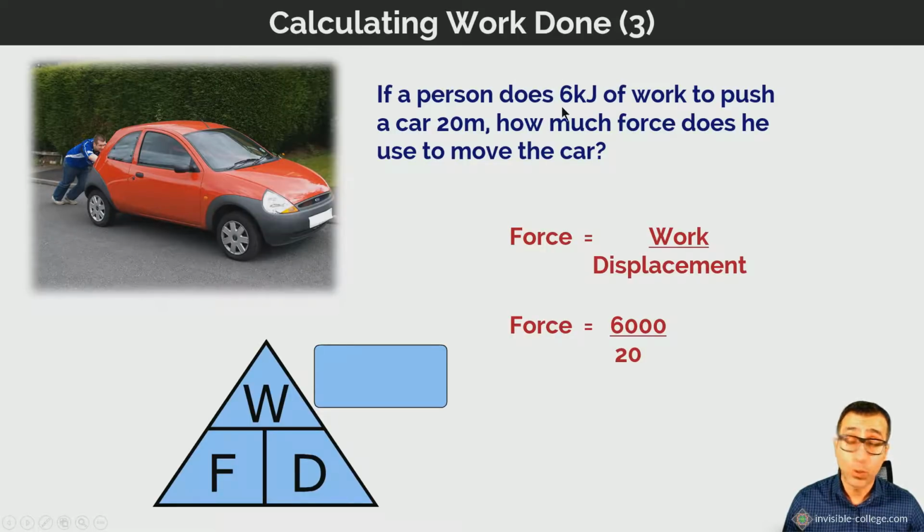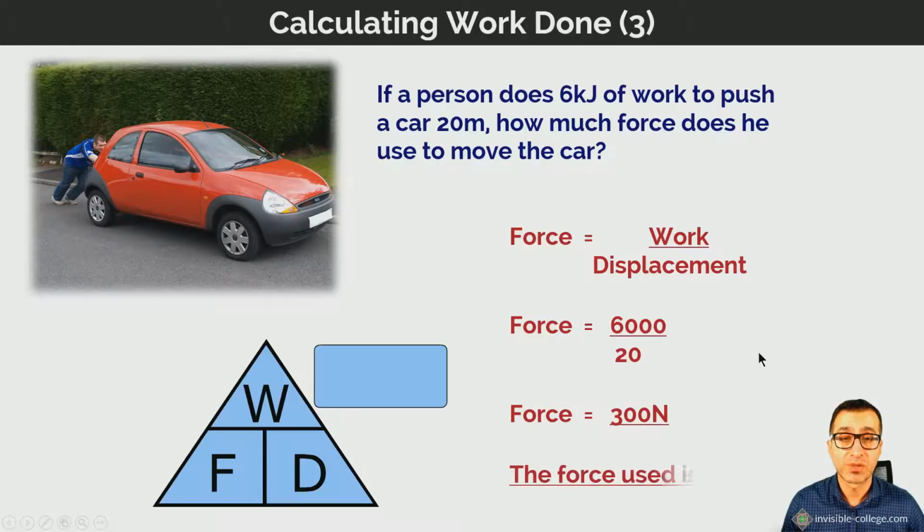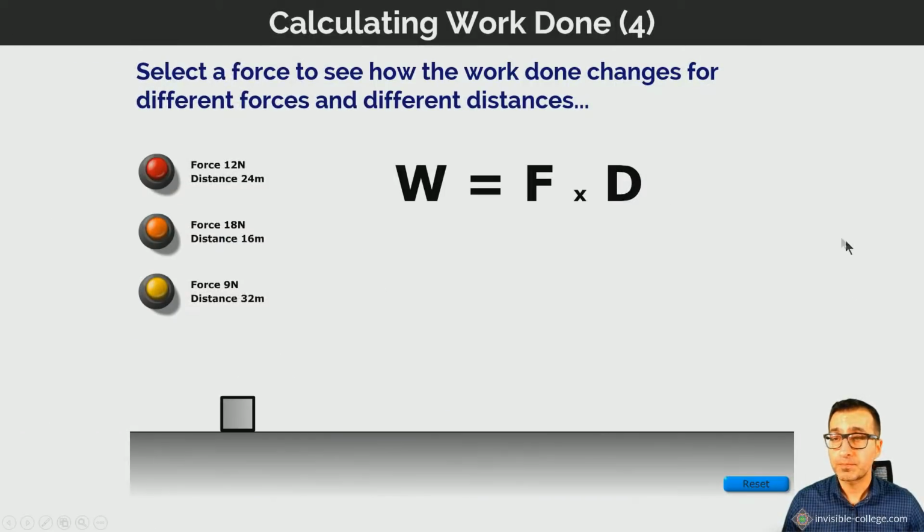Now again, notice in the question, the work done was given in kilojoules. You must convert this into standard units of joules before entering it into the equation. So the force in this case is 6,000 divided by 20, which is 300 newtons. So at a very basic level here, we can see that there are two factors which affect the amount of work done.